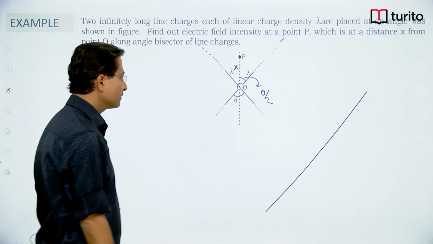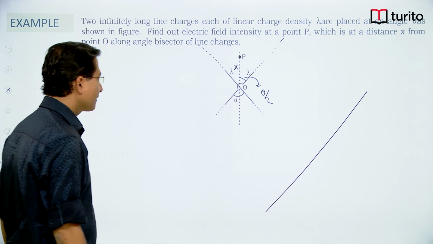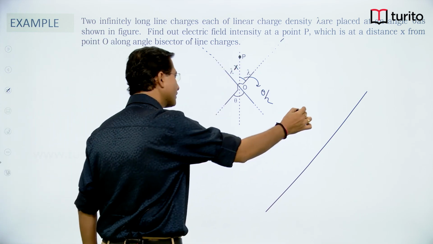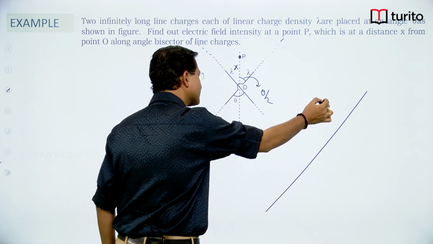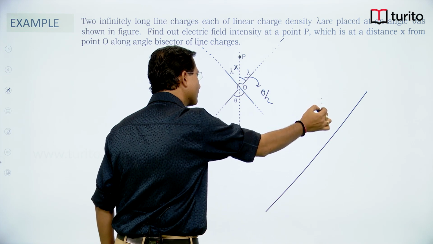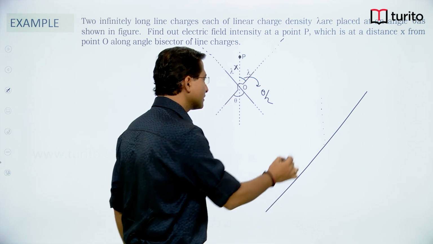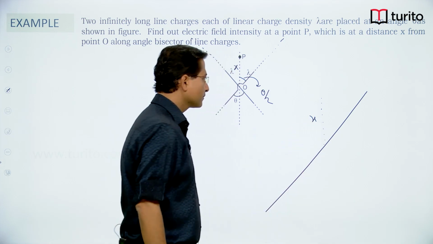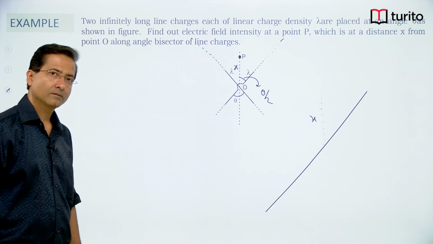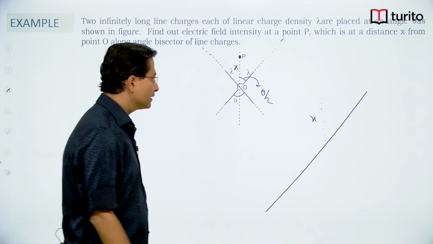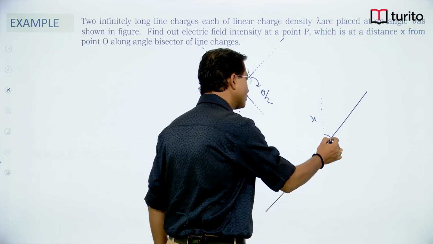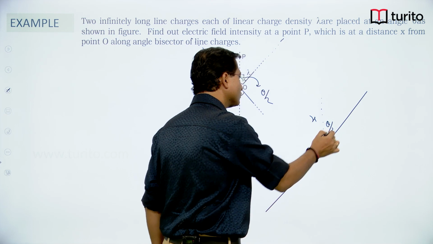Because of this wire, look at this diagram, the situation is something like this. Here this distance is x and this line makes angle theta by 2, theta by 2.